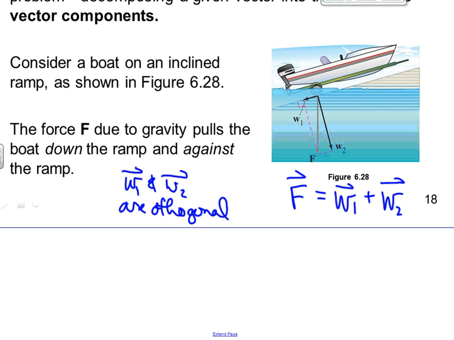So now we need a procedure for finding W1 and W2. And we have a picture for that.